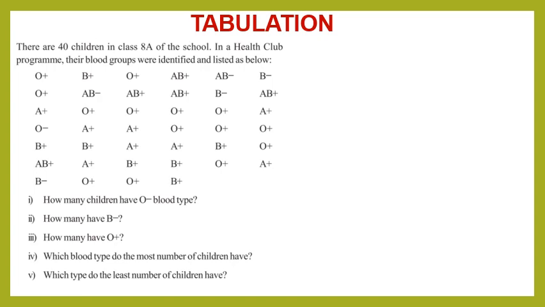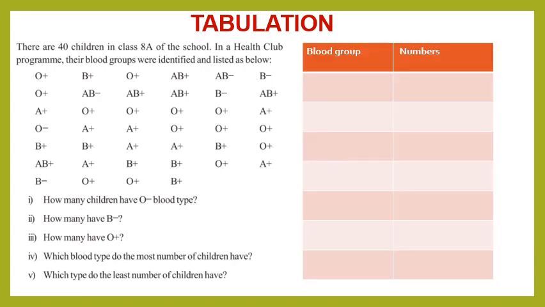So, if we arrange this in a table, it is more convenient to answer the questions, right? How can we arrange this in a table? First of all, let us draw a table and write each blood group in a column and write the number of children in the next column.